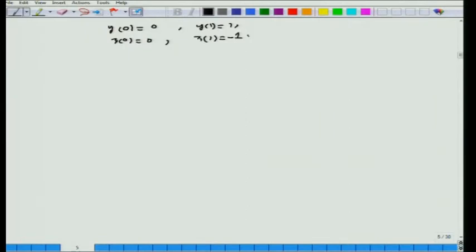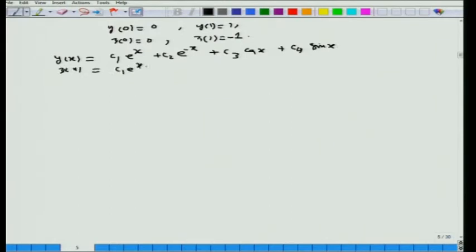So, these imply, first using this, since now y(x) is c1 e^x + c2 e^(−x) + c3 cos x + c4 sin x, and z is c1 e^x + c2 e^(−x) − c3 cos x − c4 sin x.